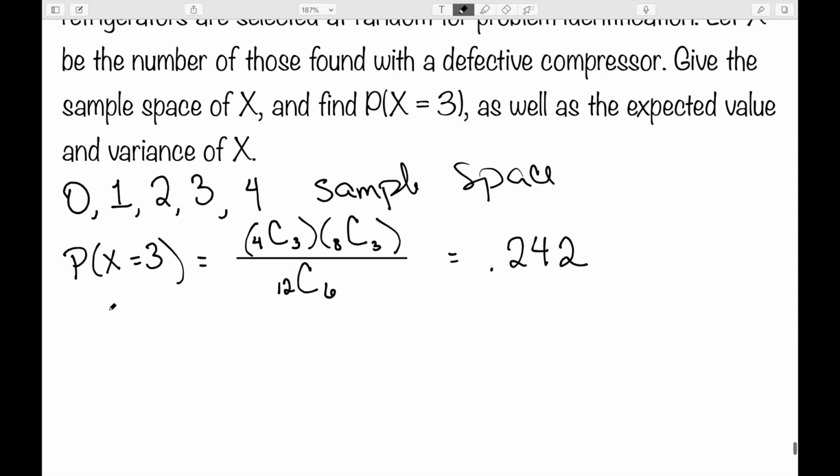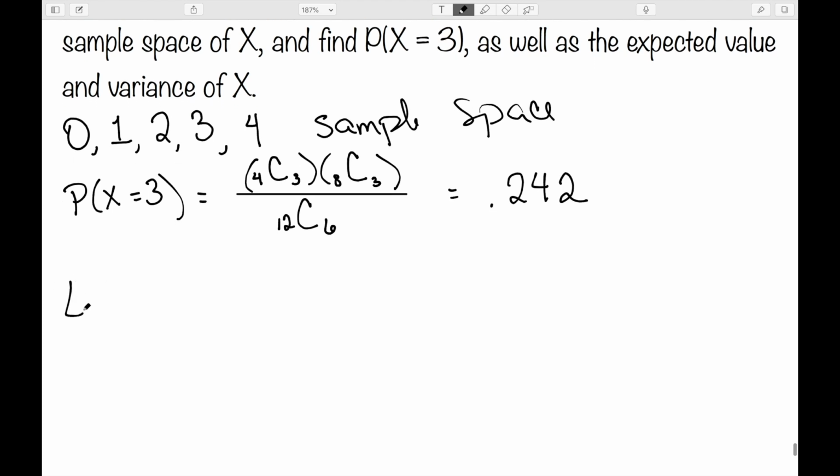The next thing I want to find is the expected value and the variance. The expected value is little n times m1 over big N. So the expected value here is 2. We would expect to have about 2 with a defective compressor.